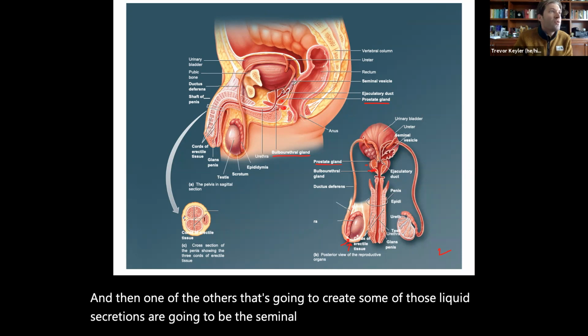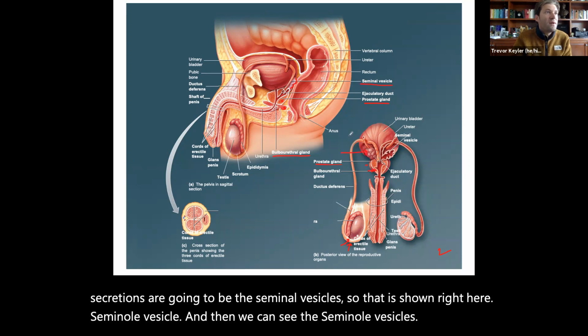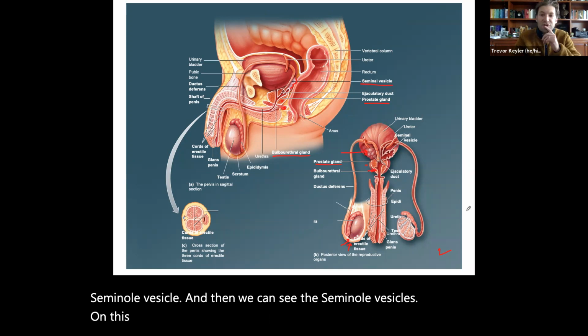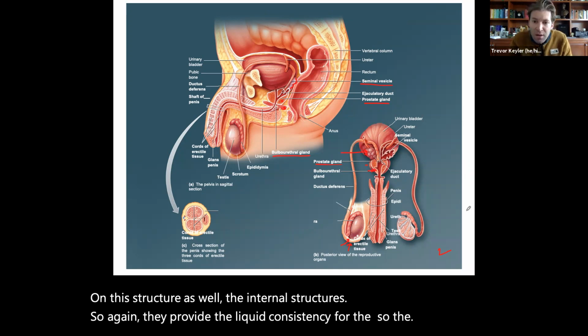That is shown right here, the seminal vesicle, and then we can see the seminal vesicles on this structure as well, the internal structures. Again, they provide the liquid consistency for the semen, so the sperm can be delivered in that manner.